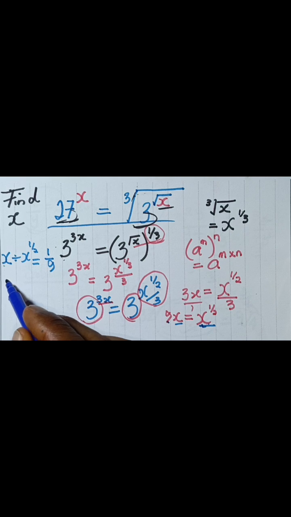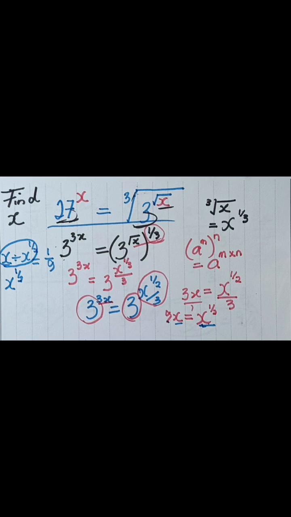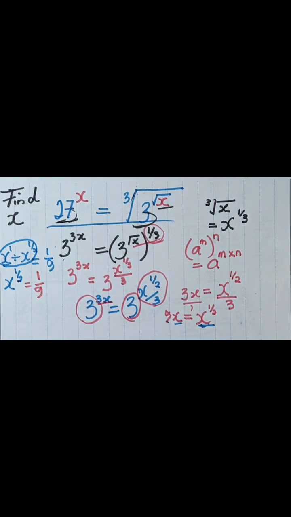So here now I have x raised to the power of 1 upon 2, applying the subtraction law, the division law of indices, right? This is power 1 here. So 1 take away 1 upon 2 will give me 1 upon 2 here, right? Very good. So here I have 1 upon 9. So that at the end of the day, we get the value of x. There is 1 upon 2. The inverse of this index here is 2 upon 1.